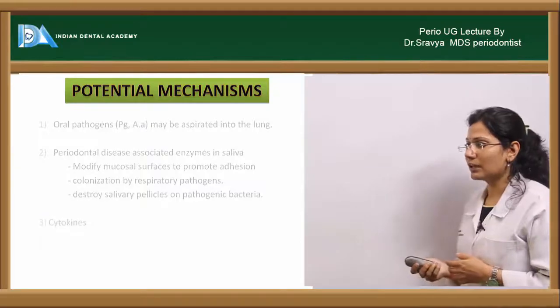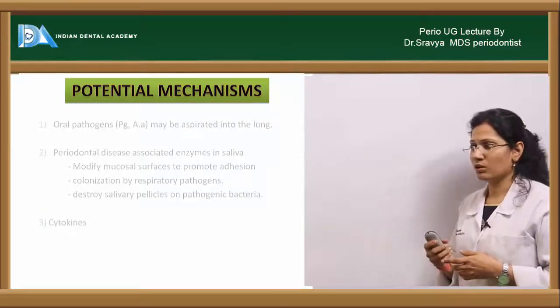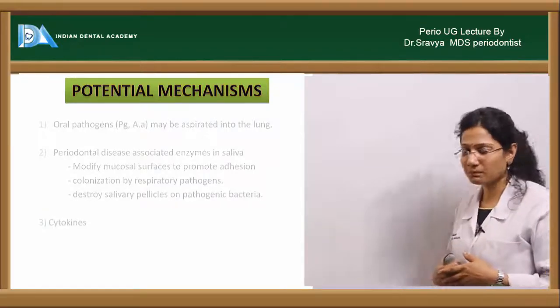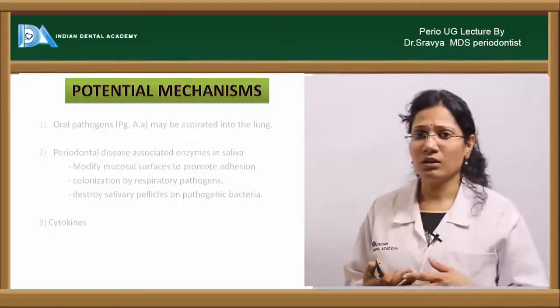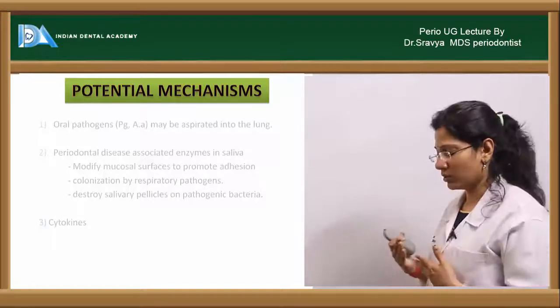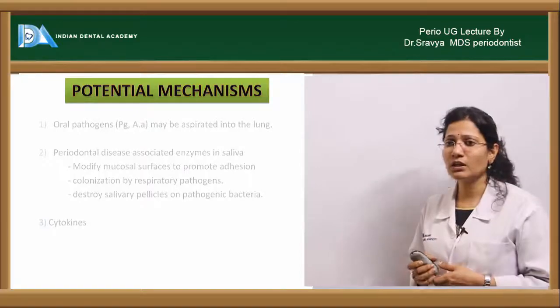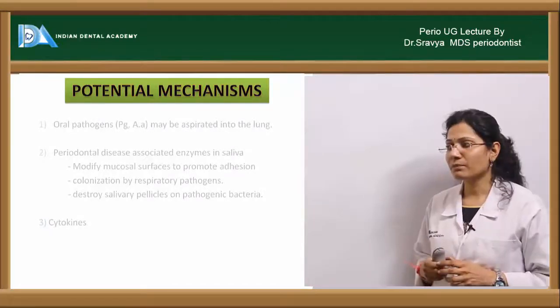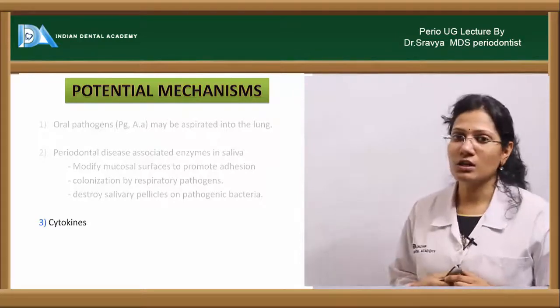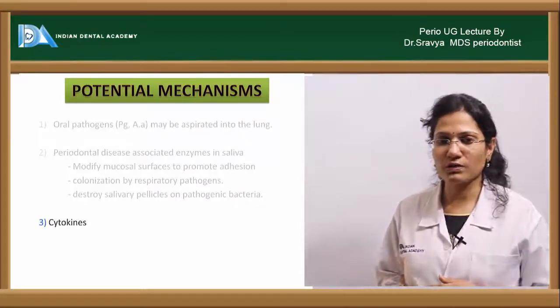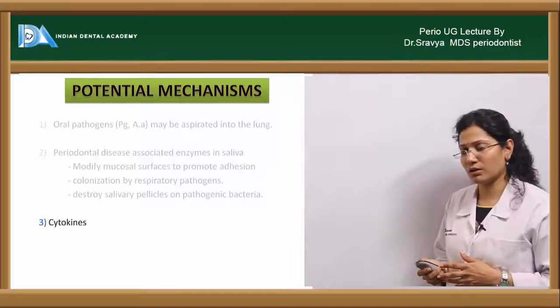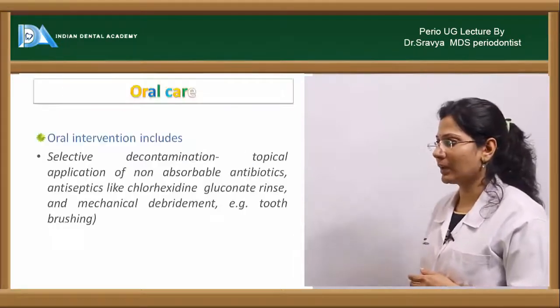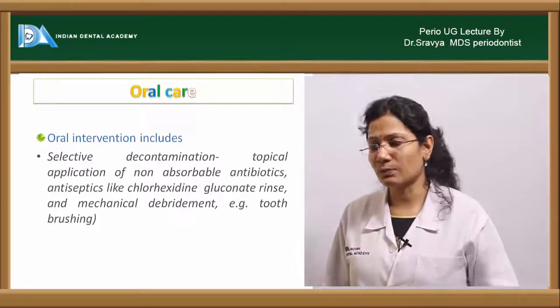This is an associated mechanism in exaggerating the respiratory infections. Apart from that, the third important feature is your reservoir of cytokines. You have lots of cytokines produced as a result of periodontal infections, so this also can be a mechanism of explaining the link between the two.